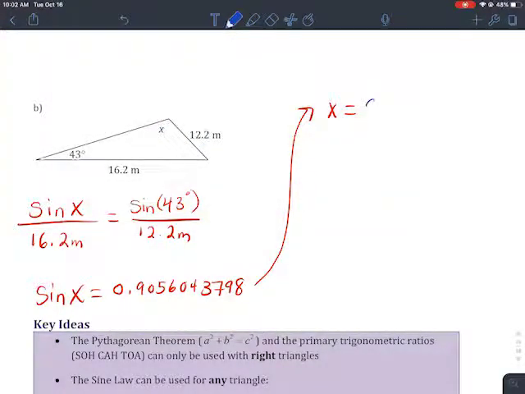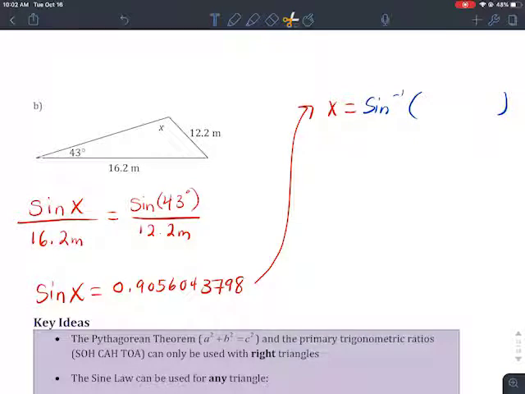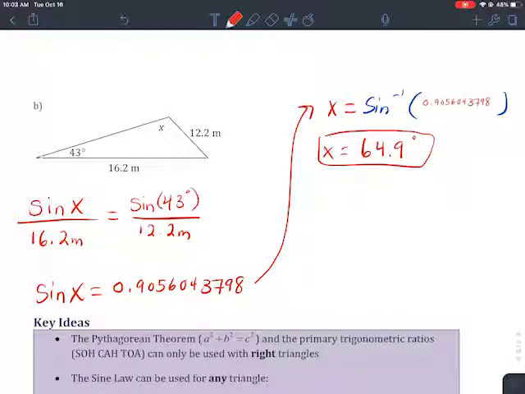So x is going to be equal to the inverse of sine, okay, with this decimal inside my brackets. Okay, so if you do that on your calculator, take the inverse of that long decimal you found. The angle that we're working with in this case is 64.9 degrees.